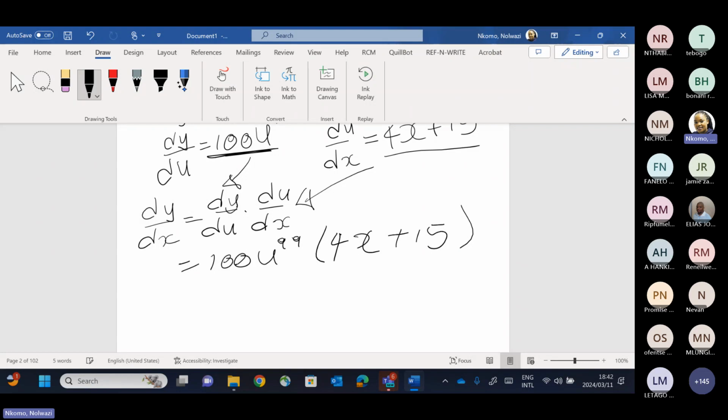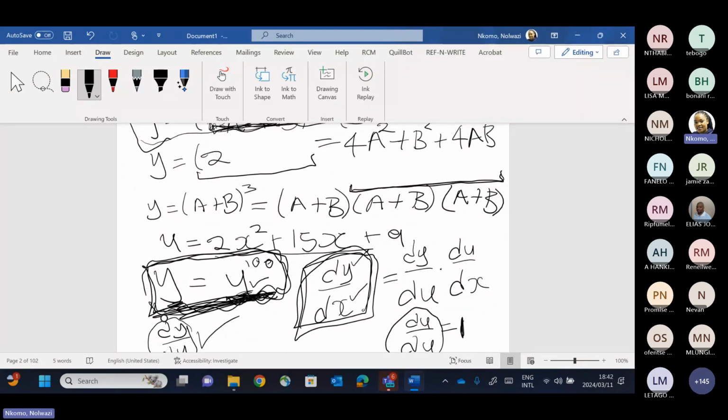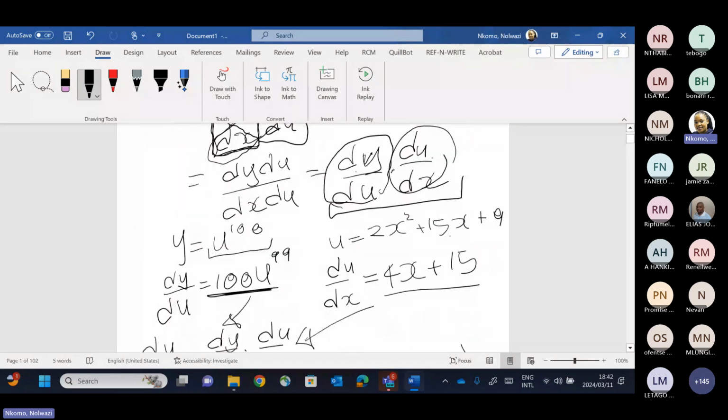But remember, our function did not have u. We only introduced u for ourselves. So the next step is to put back the value of u. And we said u is equal to this function, 2x squared plus 15x plus 9.